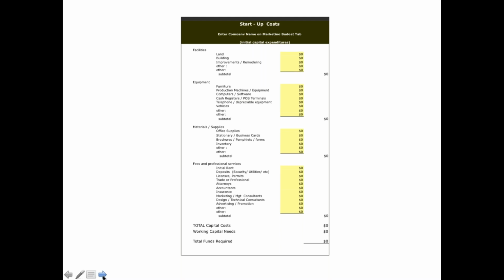That's the initial rent, deposits for, if you want to turn the electricity on. They're not going to know who the heck you are. So they're going to say, well, in your business, it's normally $3,000 a month for electricity. We had that in a restaurant, 10,000 square foot restaurant with 6 air conditioners. $3,000 a month. Well, they made us put up $3,000 before they turned the electricity on.